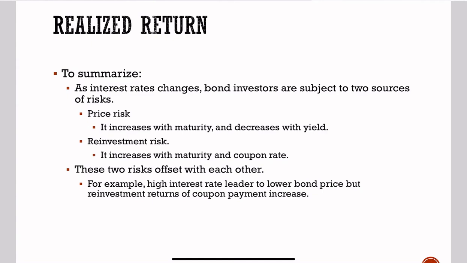And the reinvestment risk also increases with coupon rate. This is also easy to understand. If your bond has a higher coupon rate, this means you will have larger coupon payments. If you have higher coupon payments, then this implies you will have higher risk from this reinvestment risk.